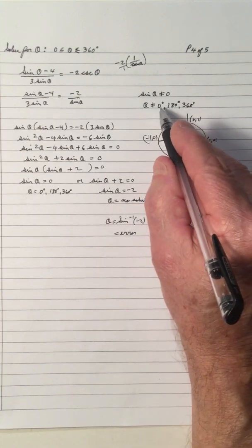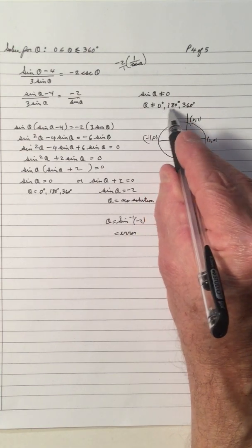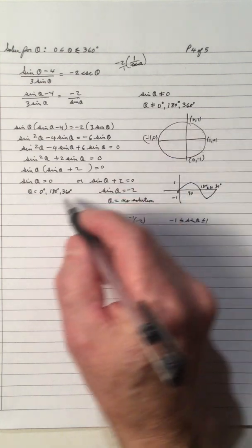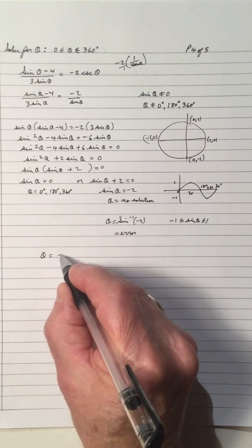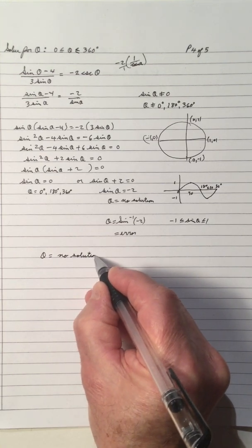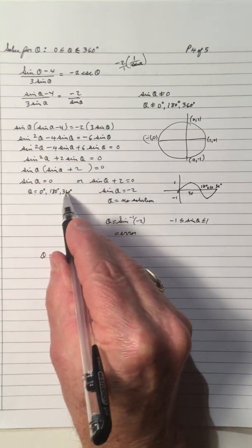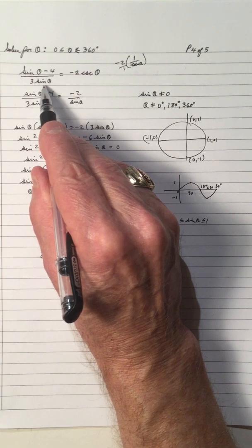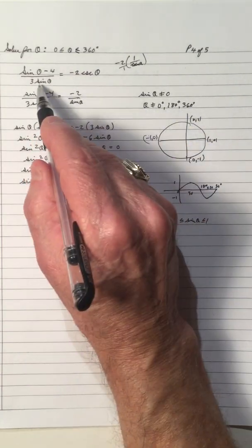So we check the values. The sine cannot be 0, 180, 360, and that's what these are. So that means the solution to this problem is no solution. Even though I solved it and worked it out, remember, sine cannot be 0.